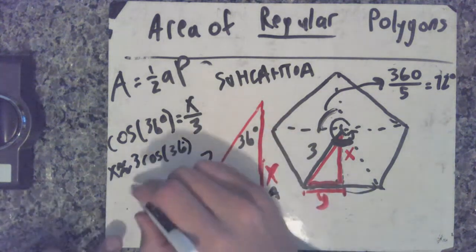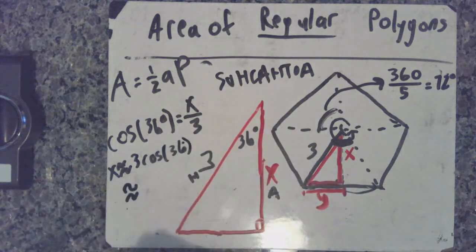So that's my x, and then we can put that into the calculator. Don't forget to put your calculator into degree mode. So it is 3 times the cosine of 36, which should get you about 2.43.